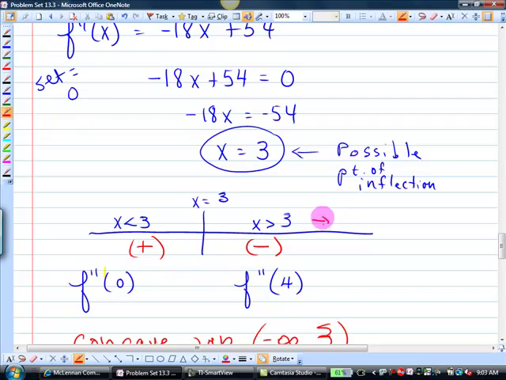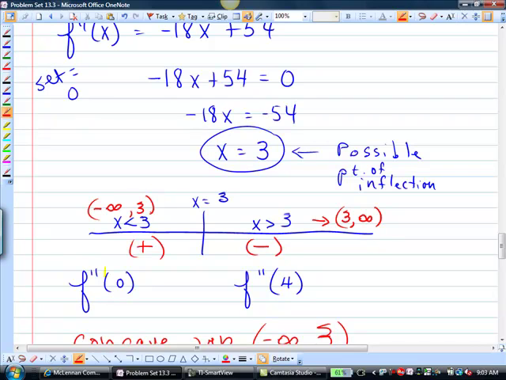This is also 3 to infinity, and this one is negative infinity to 3. Either way, on the test, I would take either one. I mean, the interval is the same. Either you're saying x is greater than 3 or 3 to infinity.